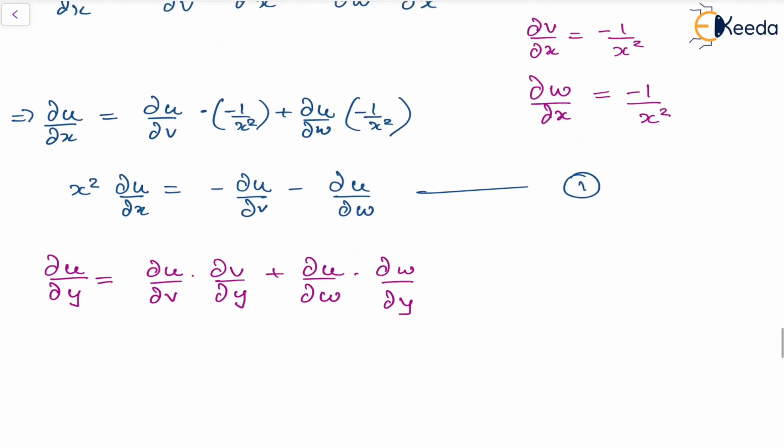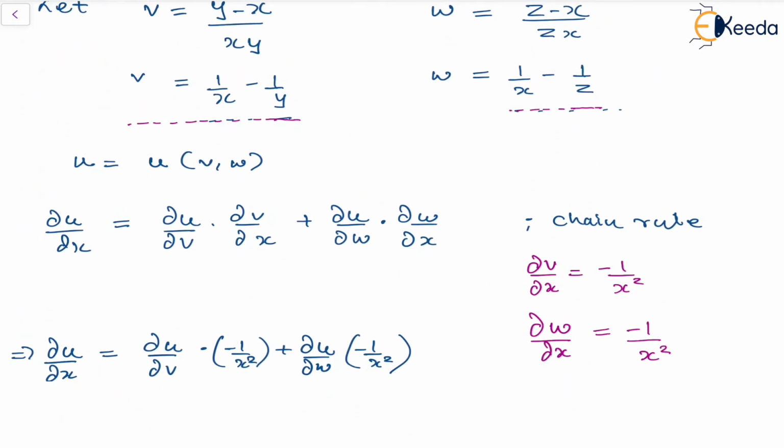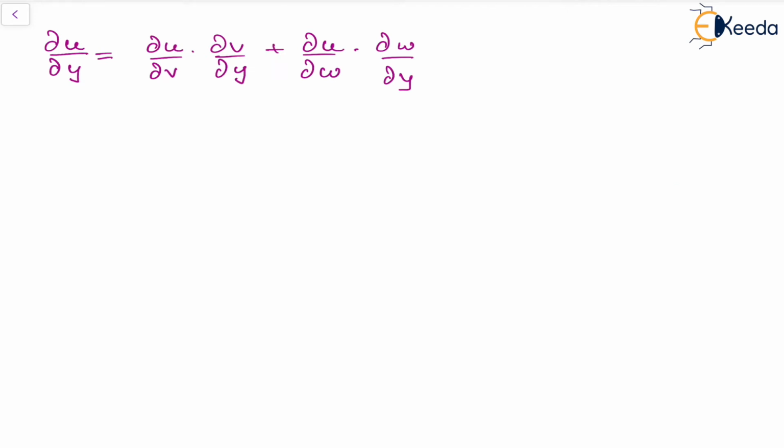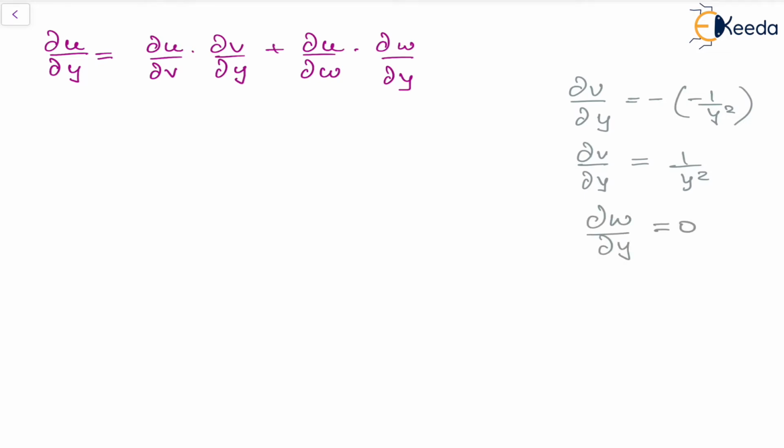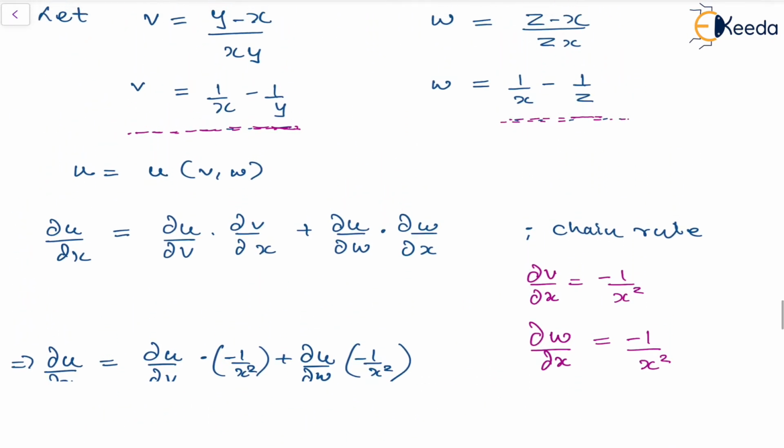We know that v is a function of 1 by x minus 1 by y, whereas w has nothing in terms of y, which means dou v by dou y will be equal to minus of minus 1 by y square, which is 1 by y square, and dou w by dou y will become 0 because it has no variable of y.